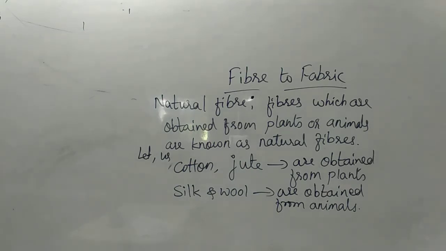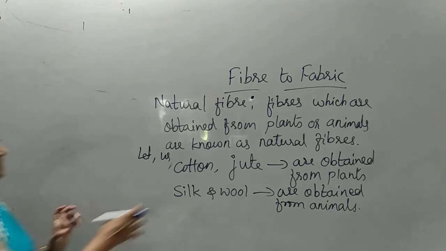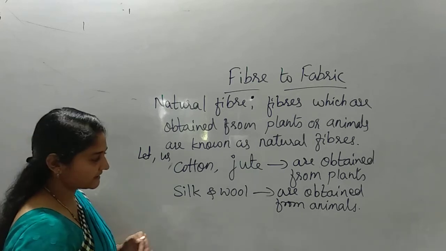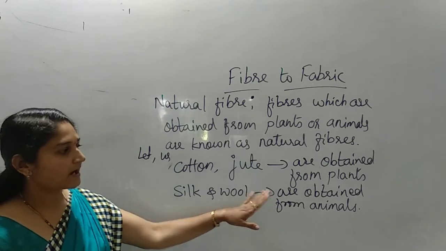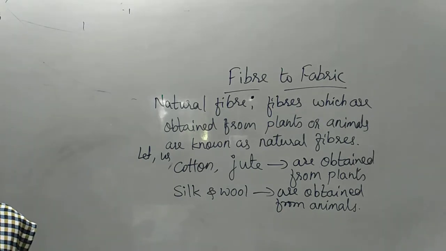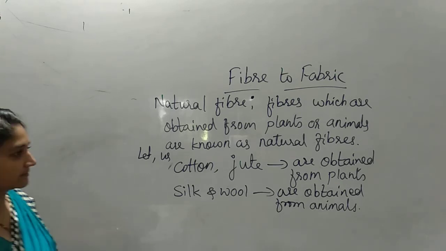So children, here cotton and jute are plant products. Silk and wool are obtained from animals. So here silk fiber is drawn from which animal? We used to say the silkworm, the cocoon of the silkworm. Okay.